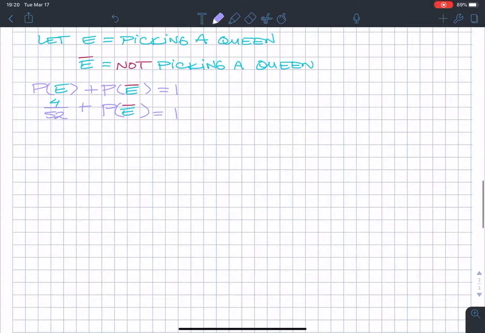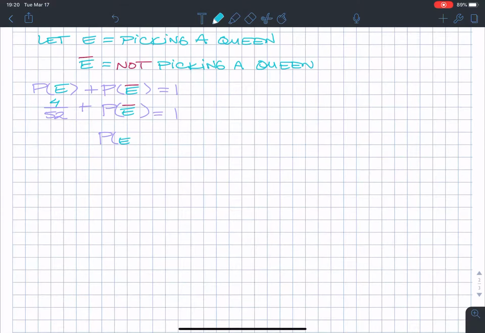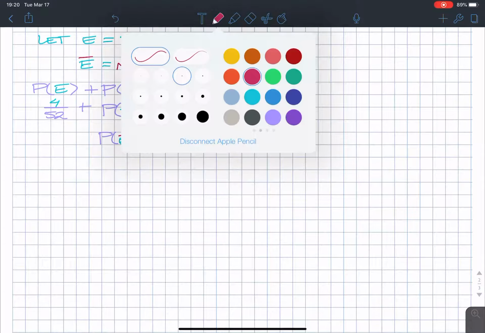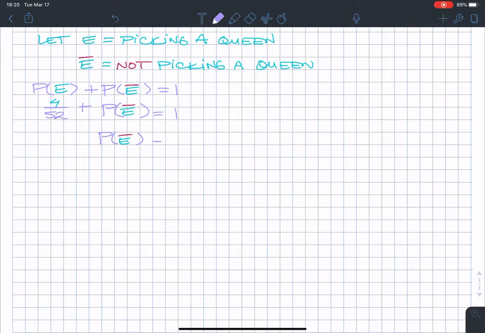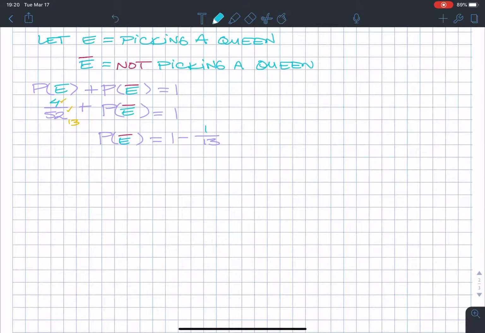So I know that the probability of not picking a queen, or not E, will be 1 minus 4 fifty-seconds. But do you agree that 4 goes into 52 13 times? So I can really write this as 1 over 13. That is, there's 1 queen in every suit of cards.